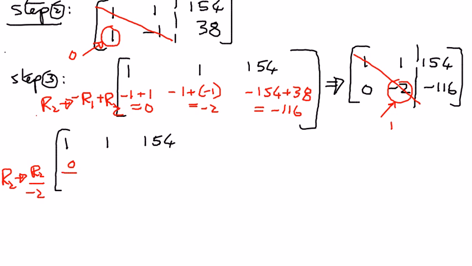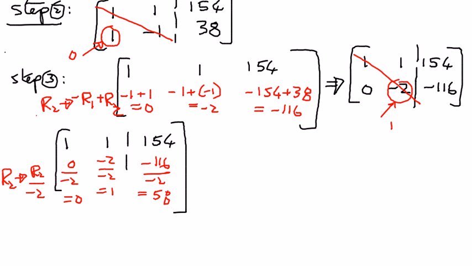So 0 divided by -2 is equal to 0. -2 divided by -2 is equal to +1. Negative 116 divided by -2 is equal to positive 58, because negative divided by negative is a positive. If we write this in a clean manner, this is what we have: 1, 1, 154, and then 0, 1, 58.